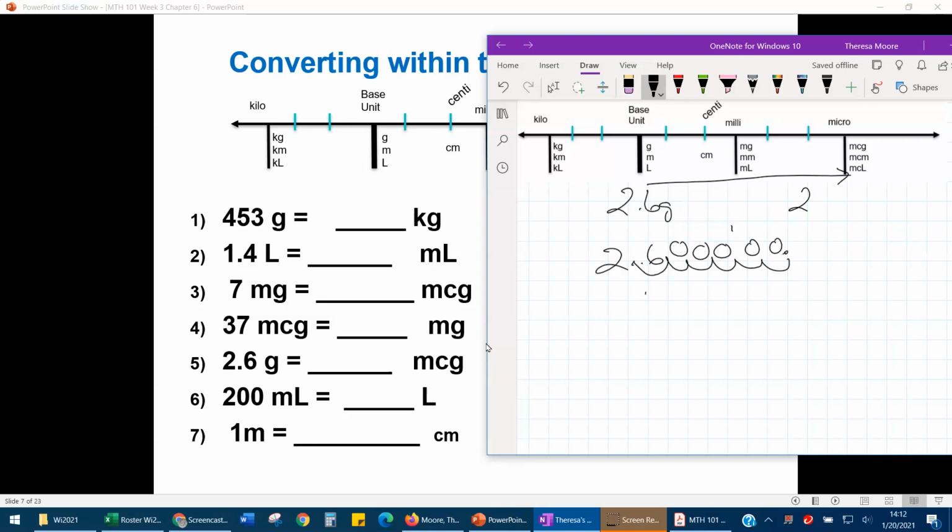So that's 2,600,000 micrograms. That is equivalent to multiplying by 1,000 and then by another 1,000. 1,000 times 1,000 is 1,000,000, so you can either multiply by 1,000 twice or just multiply by 1,000,000.